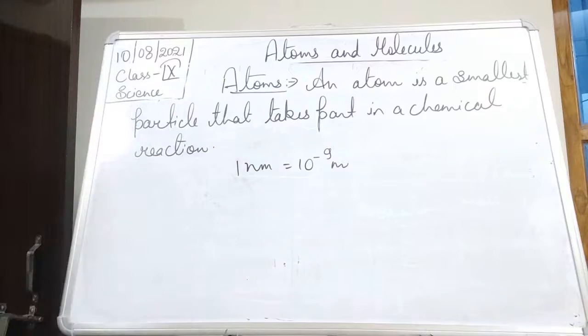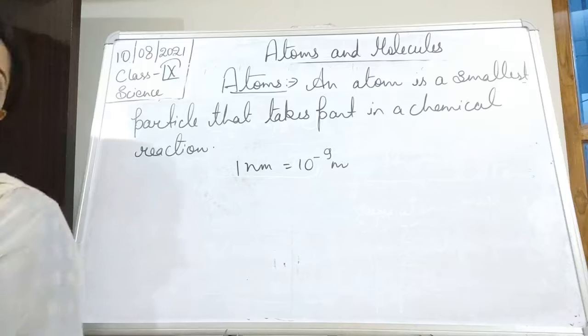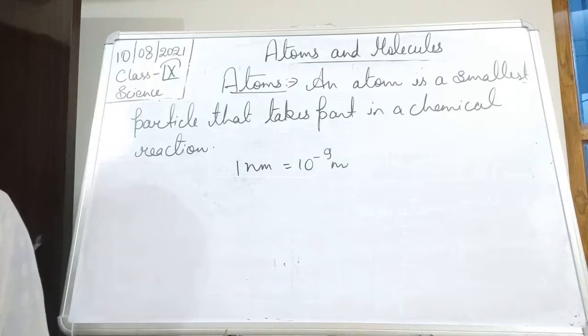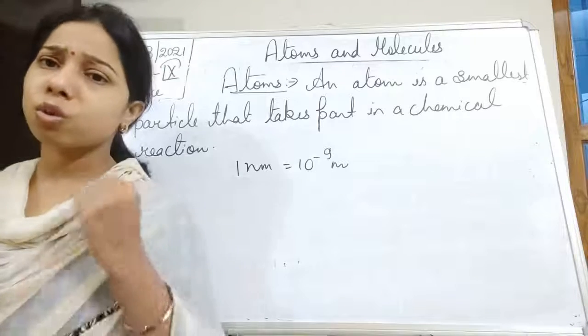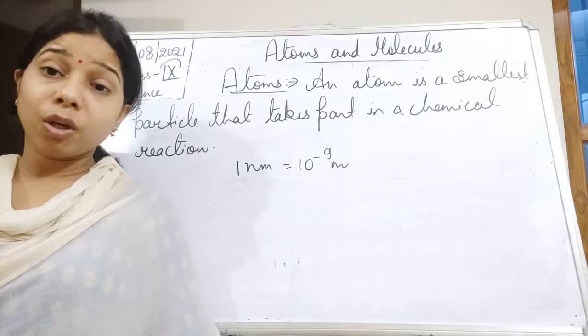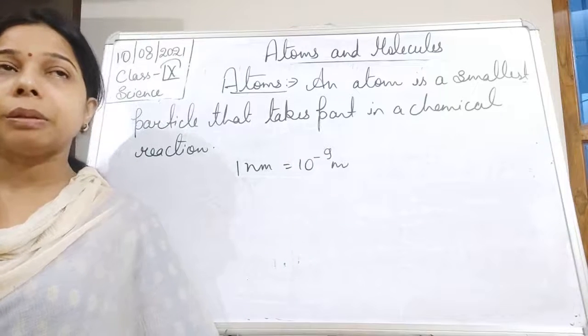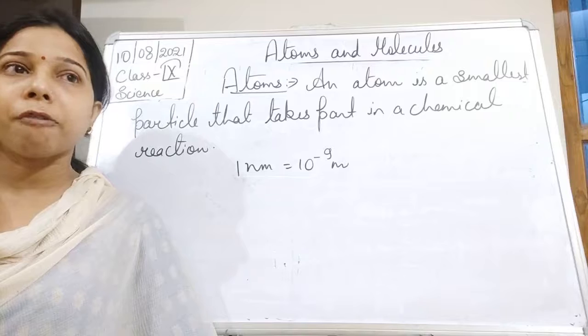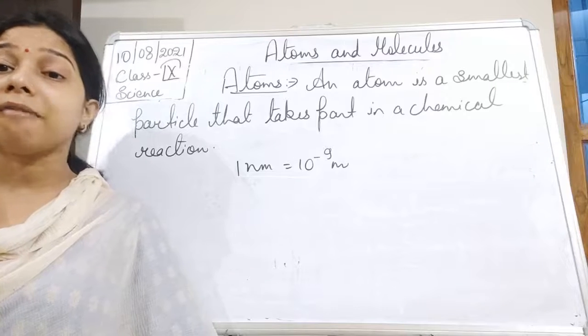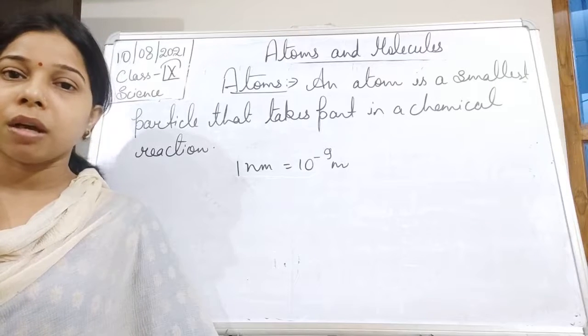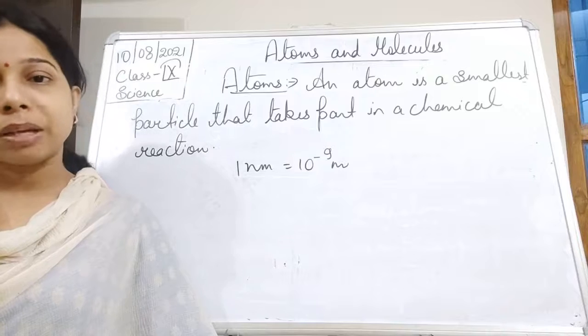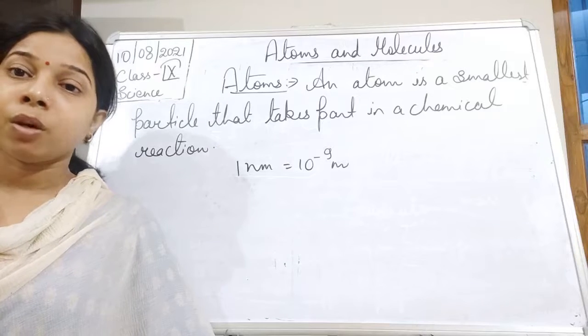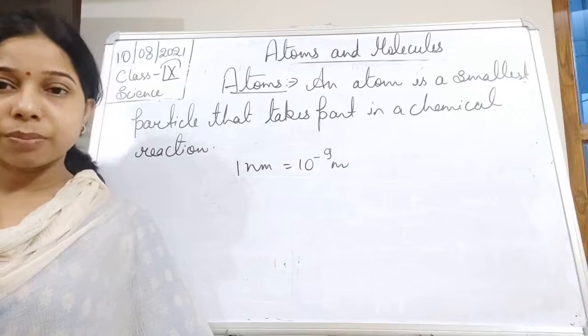Talking about the atom itself, you must know that atoms are so small that we cannot see them even with a powerful microscope. We need a very powerful microscope like the scanning tunnel microscope, STM, which can see atoms.